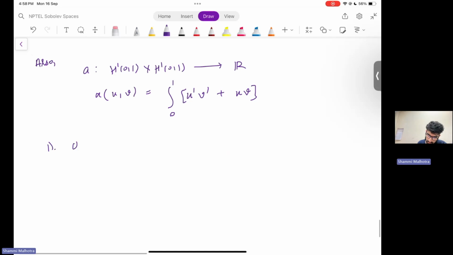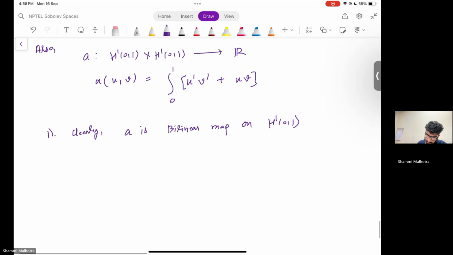First, clearly, this mapping A is a bilinear map on H^1_0 cross H^1_0.